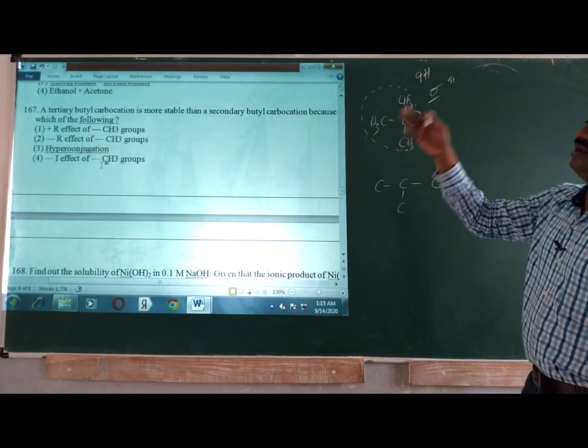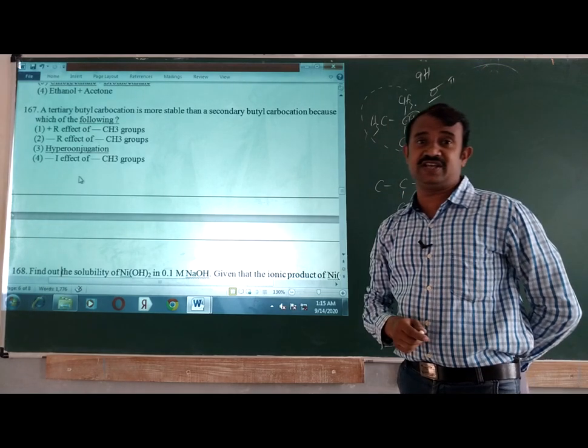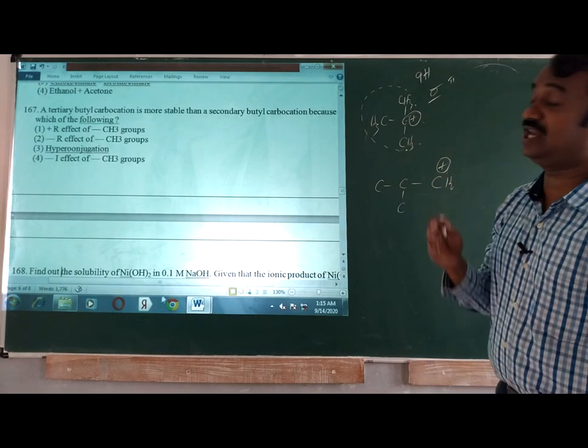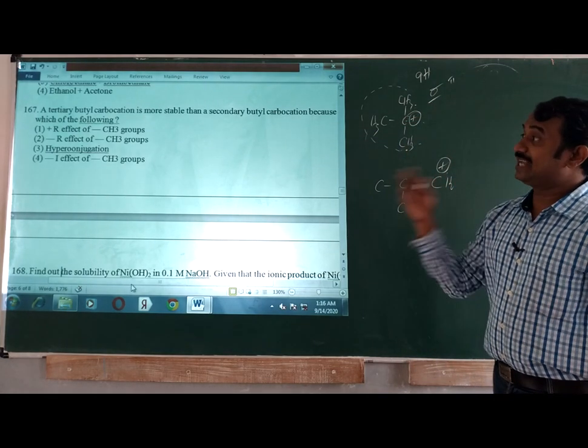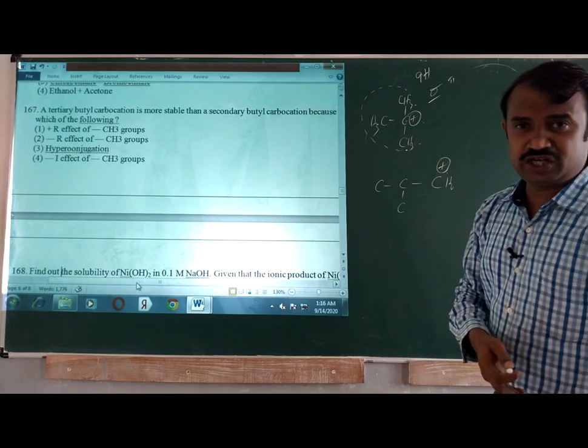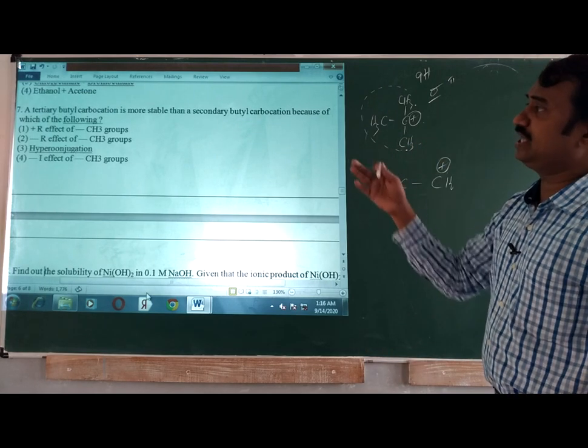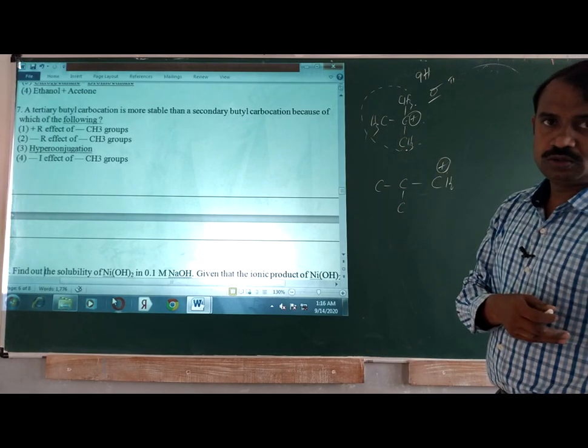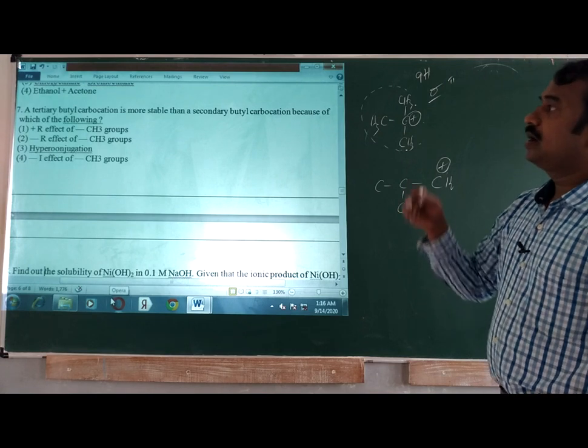But they also gave the positive resonance effect, which means a conjugated system. The second one is the negative resonance effect in presence of a methyl group, which is also a conjugated system.